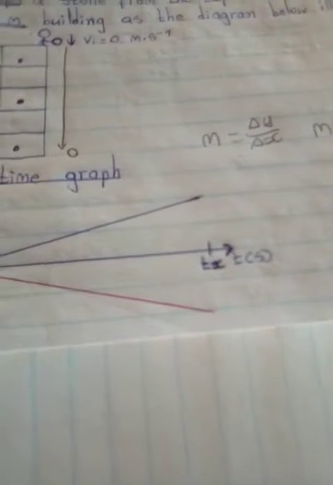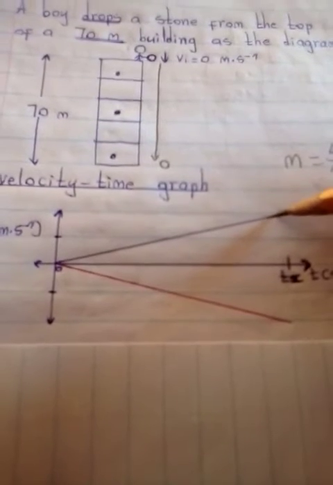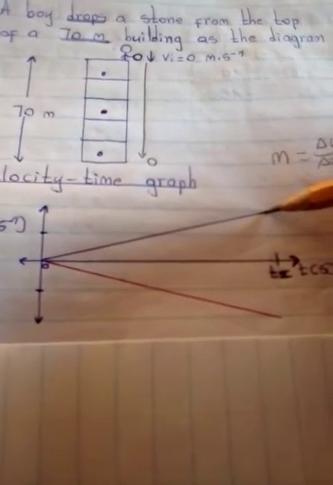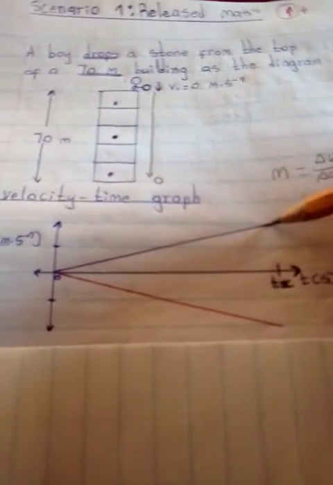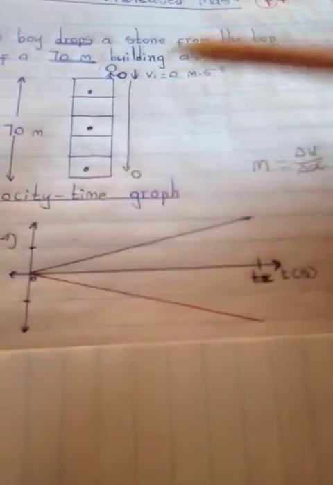And the area under this line represents the displacement of your projectile.